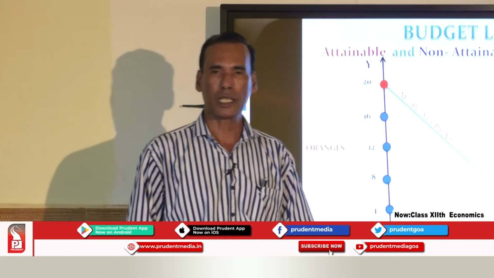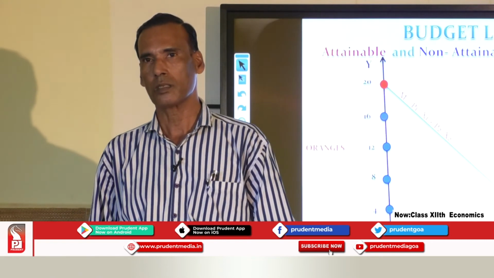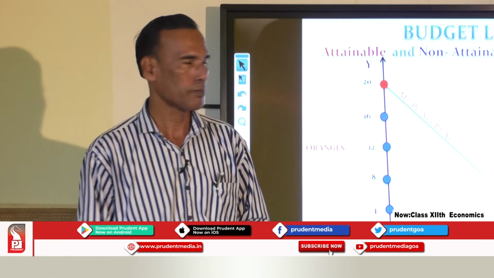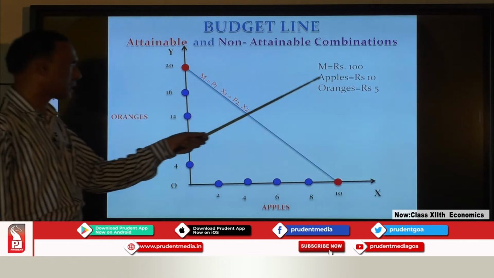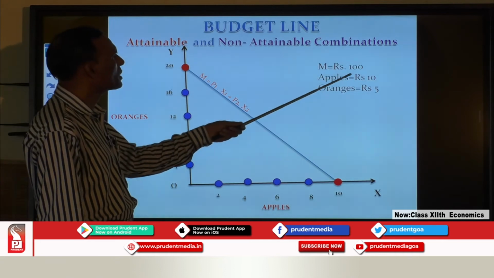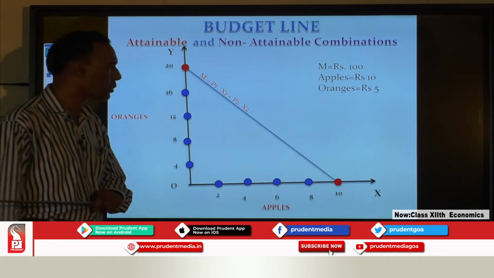Now, attainable and non-attainable combinations from the budget line. This is the example which I referred to in the earlier slide. Same income I have taken, M is equal to 100, apples rupees 10, oranges rupees 5.